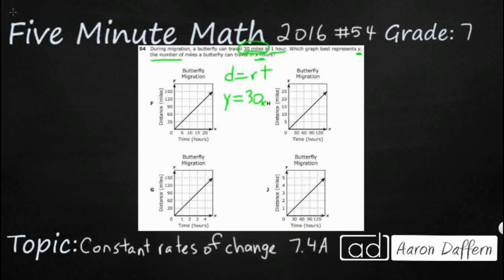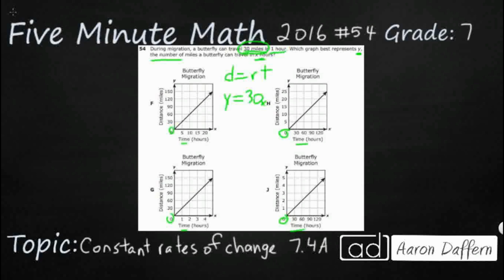Which of these work? Let's start with F here. They're all going to work at least with that 0, 0. So we're going to have to look at that first time. All of these have the time on the x-axis and the distance on the y-axis.